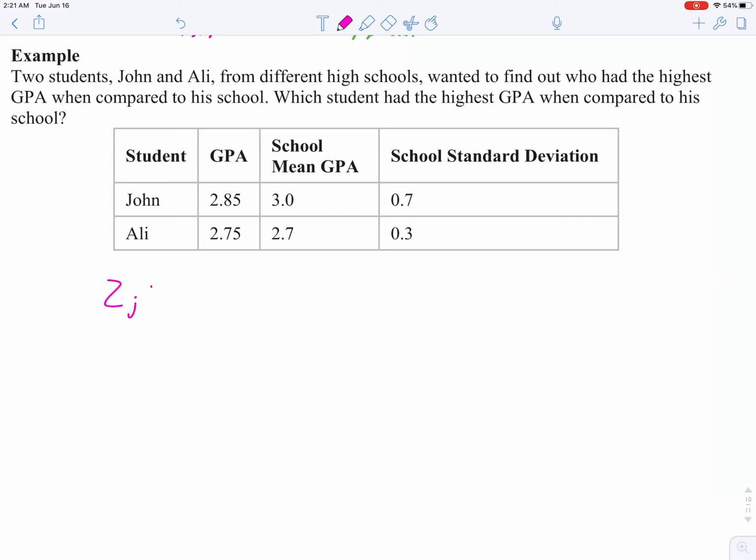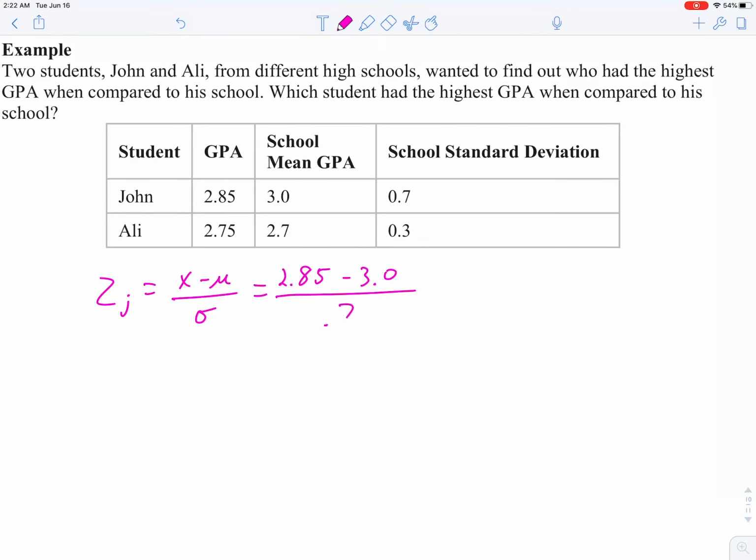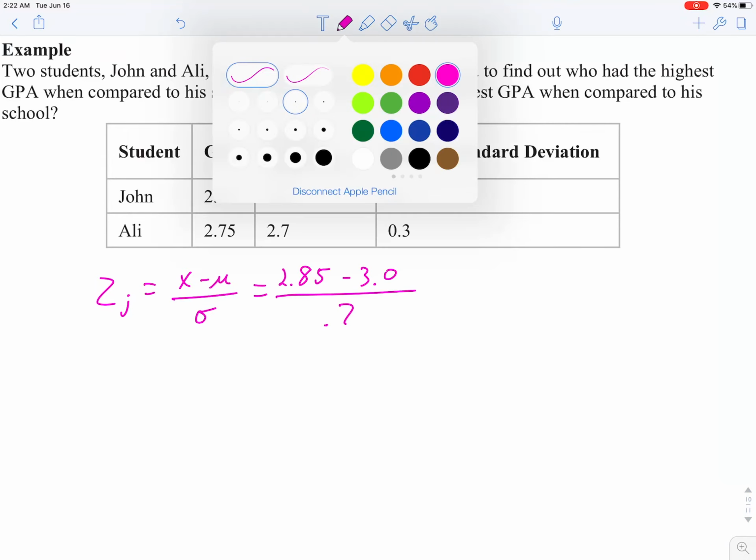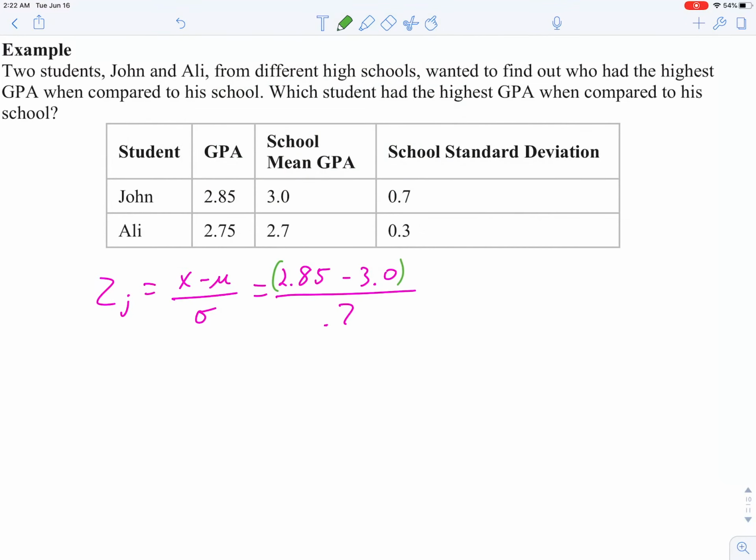Okay? So here, let's do the z-score for John. All right, we use the formula data point minus mean divided by standard deviation. Okay, and all the data is right there that we need. So the data point in question is 2.85, John's GPA, minus the school mean, which is 3.0, and we're going to divide by the school standard deviation of 0.7.